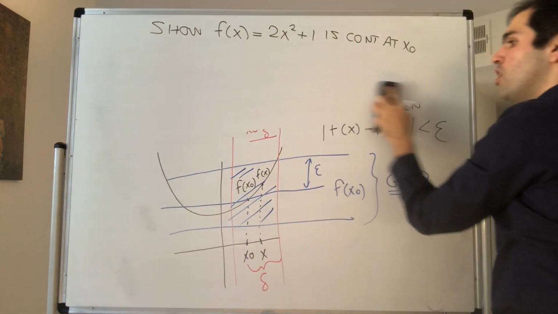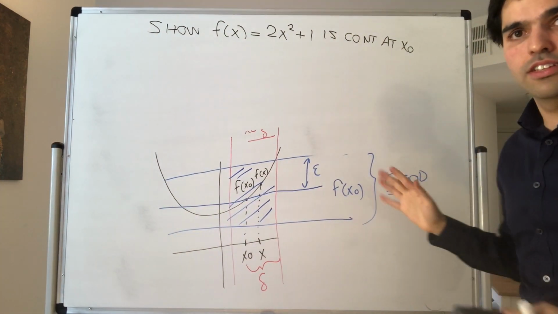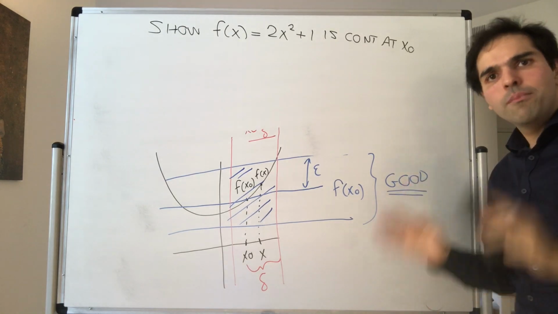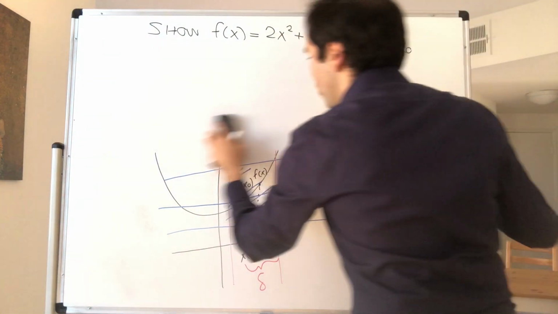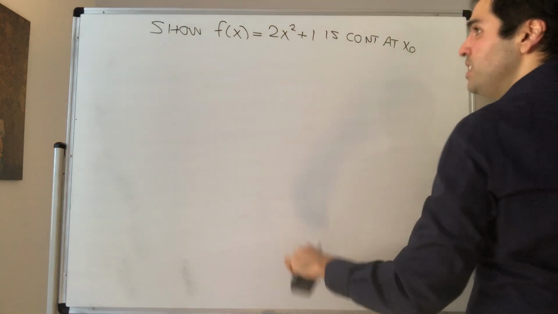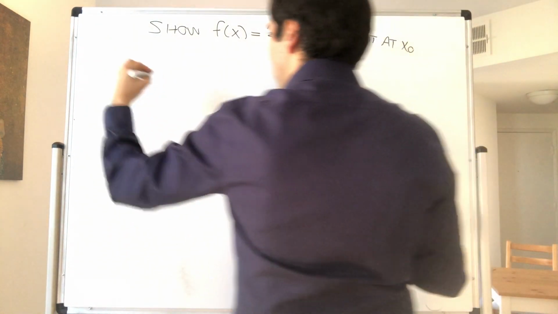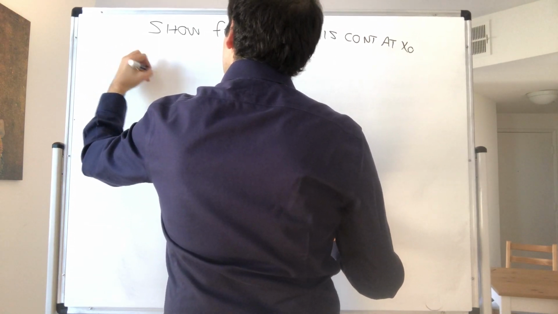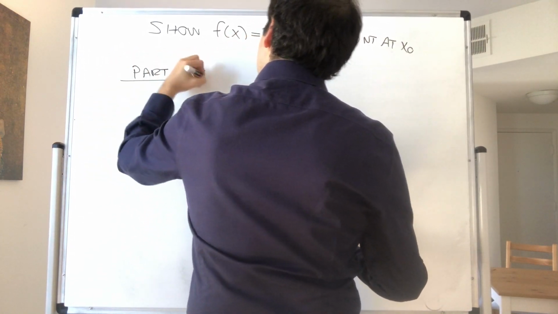Just like remember how confused you were with sequences. It was very complicated, but then the more you did it, the more it made sense. And for this, we need some scratch work. So part 1, scratch work.